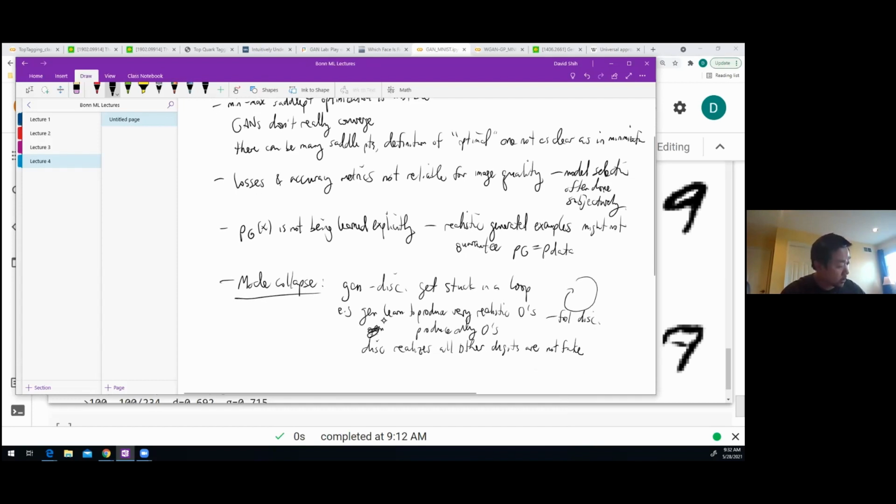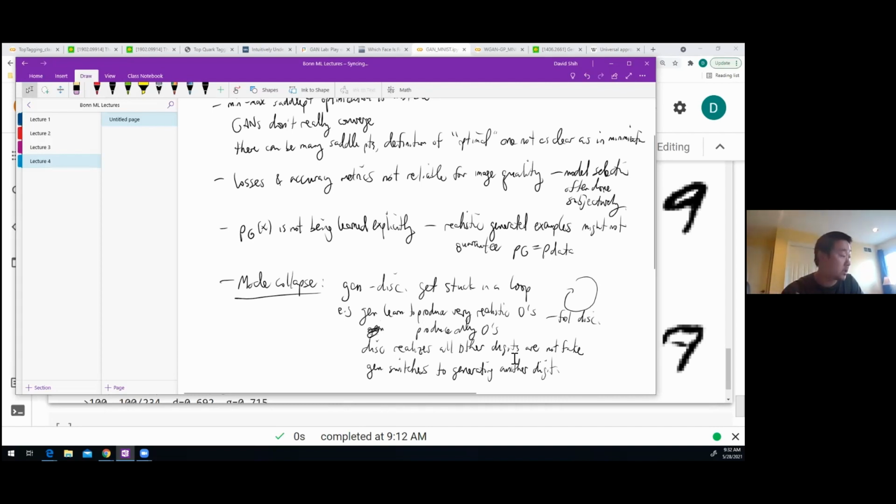And then what does the generator do? The generator switches, it's like a phase transition, to generating another digit. That is, somehow it's easier for the generator to just switch to generating another digit all the time. And then that'll fool the discriminator for a while until the discriminator realizes that all the other digits are fake.